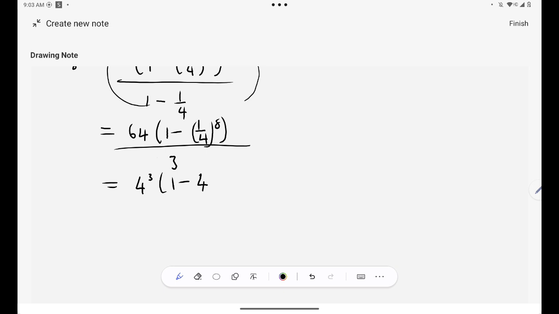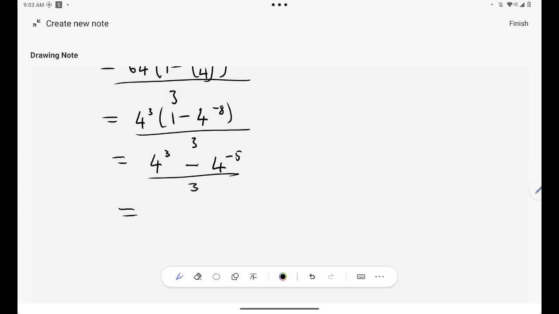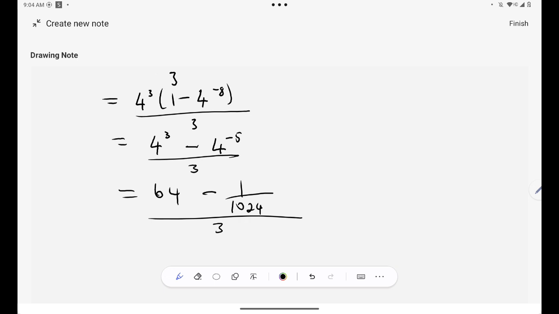This is 4 to the power minus 8 all over 3. This is 4 cubed minus 4 to the power minus 5 over 3. This is 64, 1024 over 3.